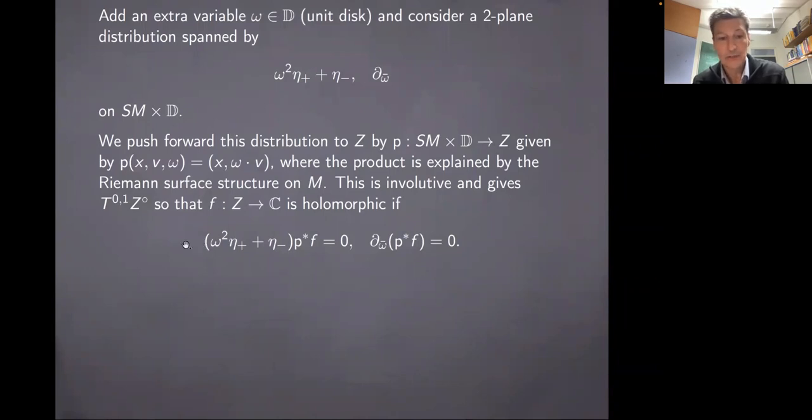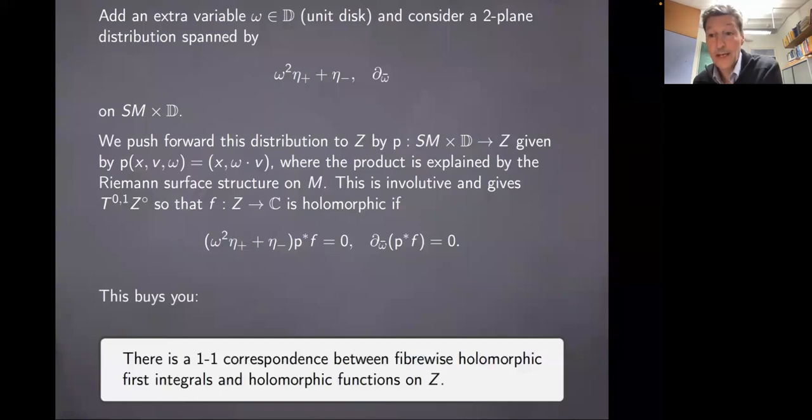That will give you the X, because you go down to the quotient and then you have a little bit of an ambiguity acting on the fiber, but that will give you essentially X. And once you go away and do your homework, this is what this buys you: now you have a natural one-to-one correspondence between fiber-wise holomorphic first integrals, which are just objects on the unit tangent bundle, and holomorphic functions on Z. So now you were able to capture the two things, being a first integral and being fiber-wise holomorphic, into an honest holomorphic function on Z.